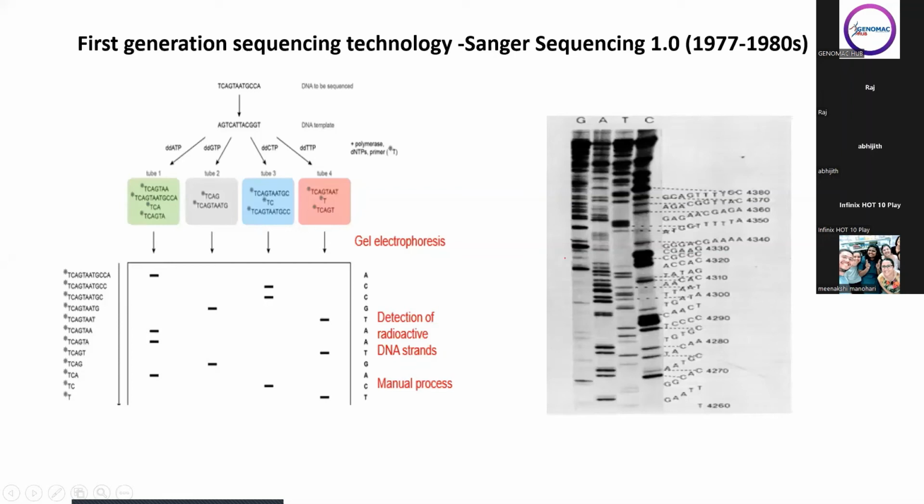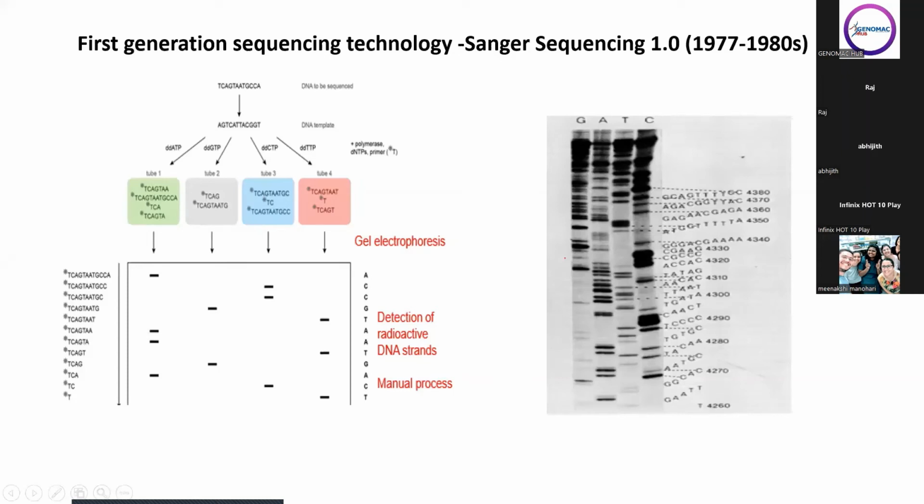The important thing here is the ddNTP, the dideoxyribonucleotide. After adding these ddNTPs in the Eppendorf tubes or vials, we run the PCR, and DNA polymerase adds the dNTPs to the growing DNA strand by catalyzing the formation of the phosphodiester bond between the 3' OH group of the last nucleotide and the 5' phosphate of the next.